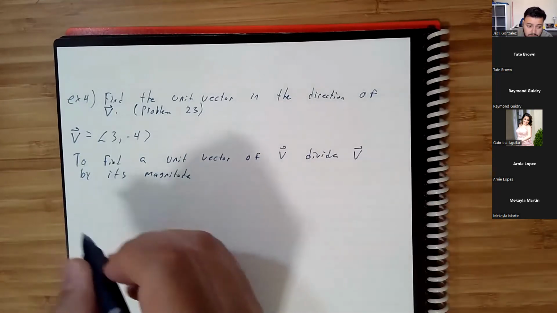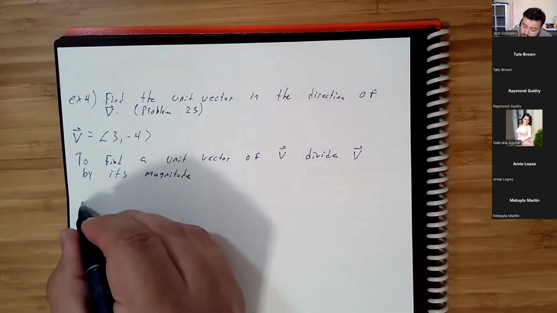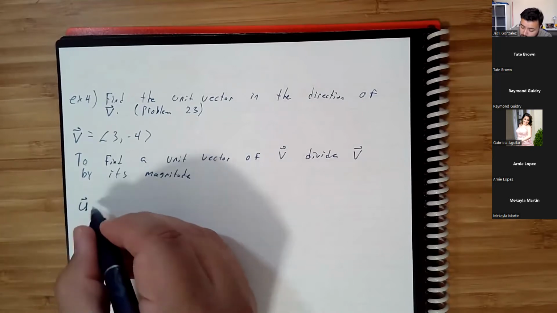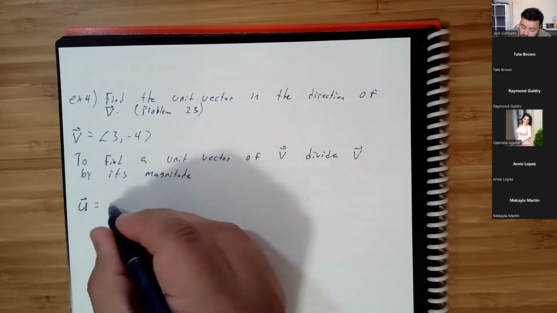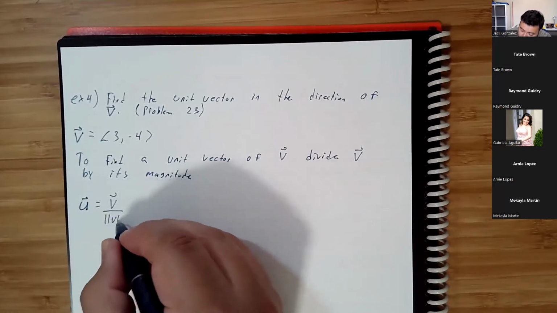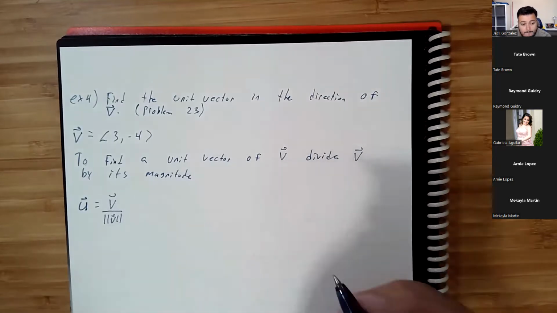So here is the unit vector formula. We're going to use the notation u for the unit vector. So you take v, divide by the magnitude here.